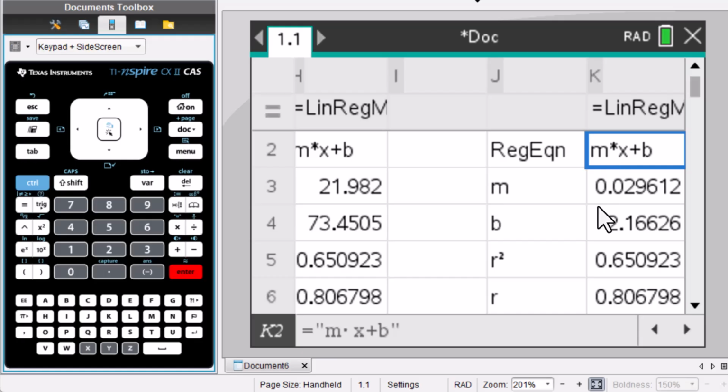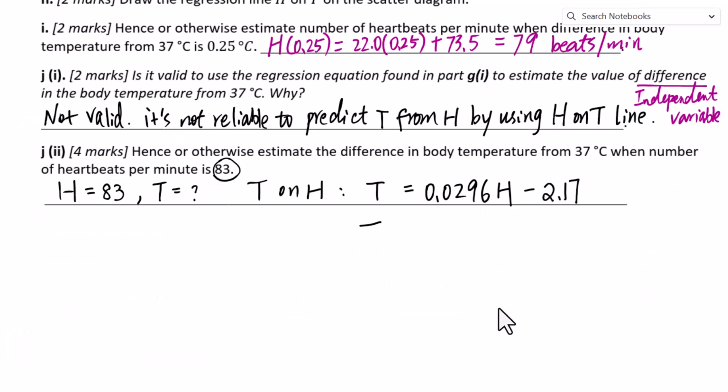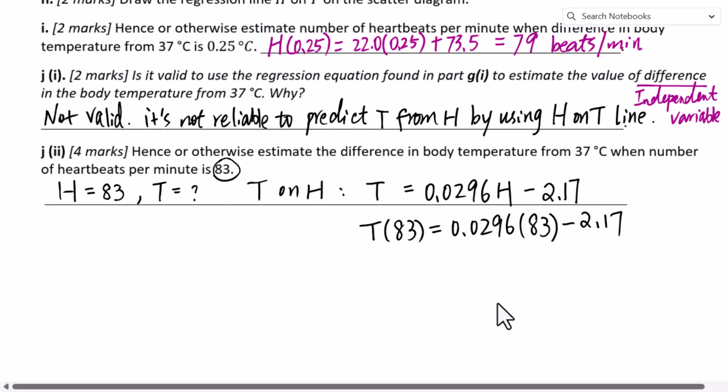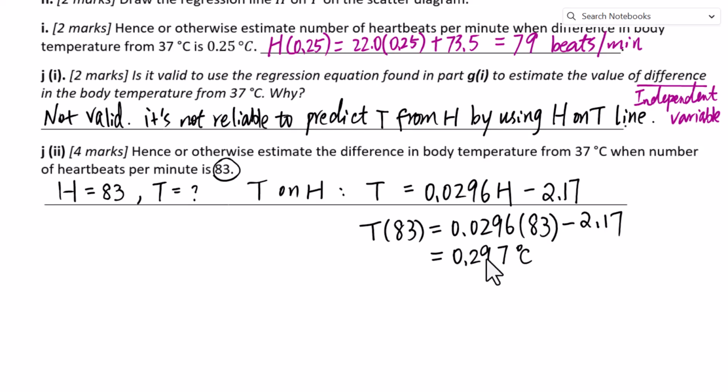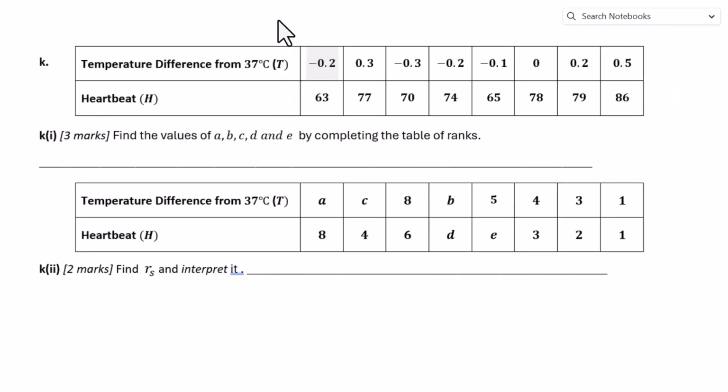We got this new regression line. This time, T equals 0.0296 H minus 2.17. We are looking for T of 83 equals 0.0296 times 83 minus 2.17 equals 0.297 degrees Celsius.